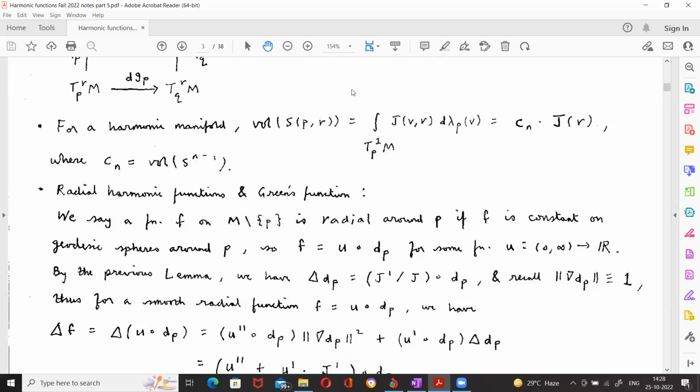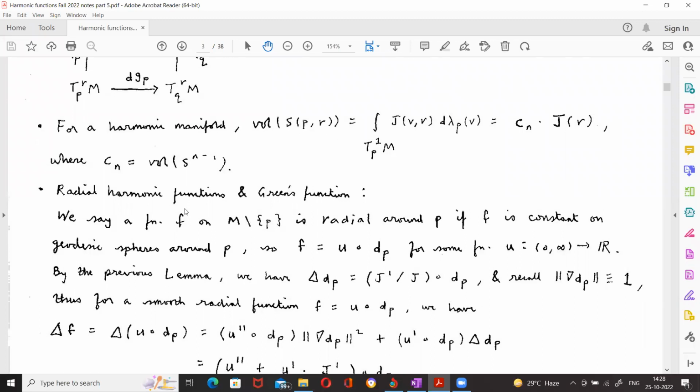So this comes out of the integral, and then you just get the Riemannian volume of the unit sphere, which is just the volume of S^(n-1), the Euclidean sphere inside R^n. So for a harmonic manifold, this Jacobian up to a constant is nothing but the volume of a sphere of radius r. Geometrically, the Jacobian is just the volume of a sphere of radius r.